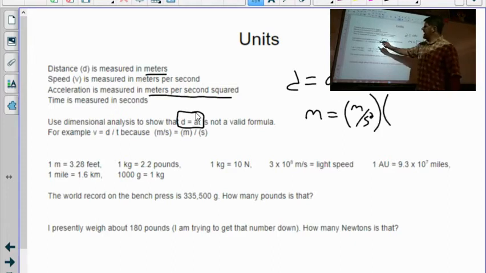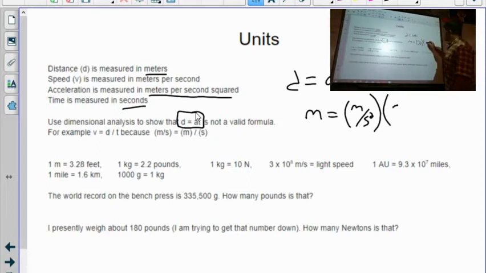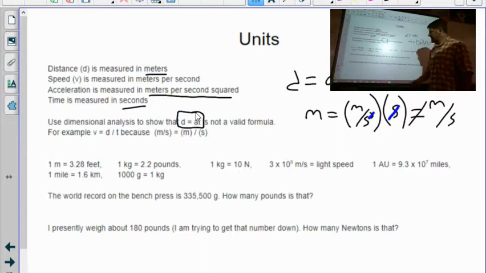And T is time, and it's measured in seconds. So my seconds here and one of my seconds here will cancel out. And my answer will be in meters per second. And meters does not equal meters per second. Okay, so that's what that one is.